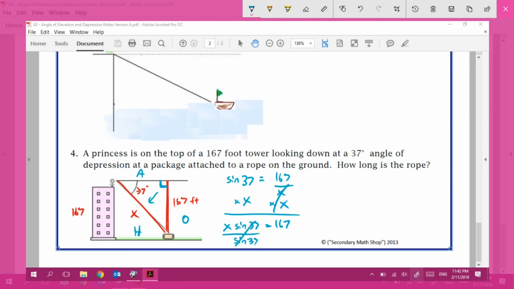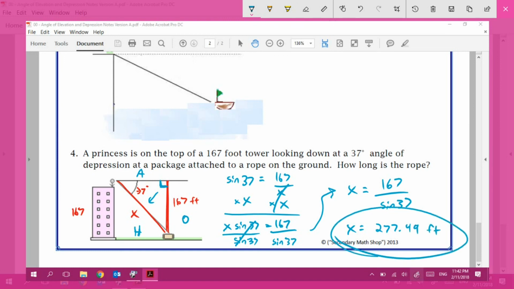It's going to cancel it out on the left side and then divide by sine of 37 on the right side. And that's going to just leave me with x equals 167 over sine of 37. All we have to do is plug that into the calculator. So 167 divided by sine of 37, and your answer should be x is about 277.49 feet. And that is it.